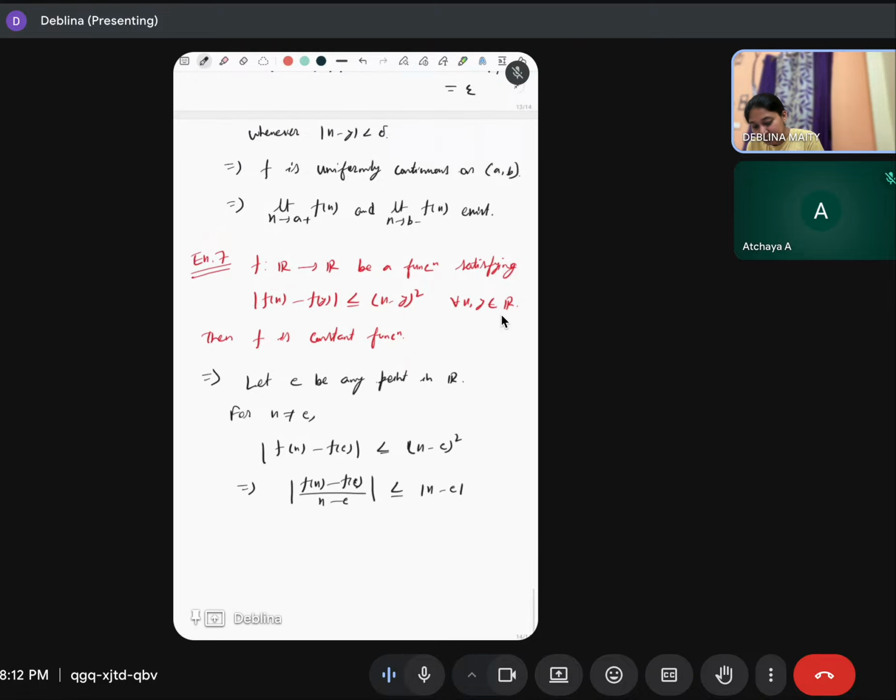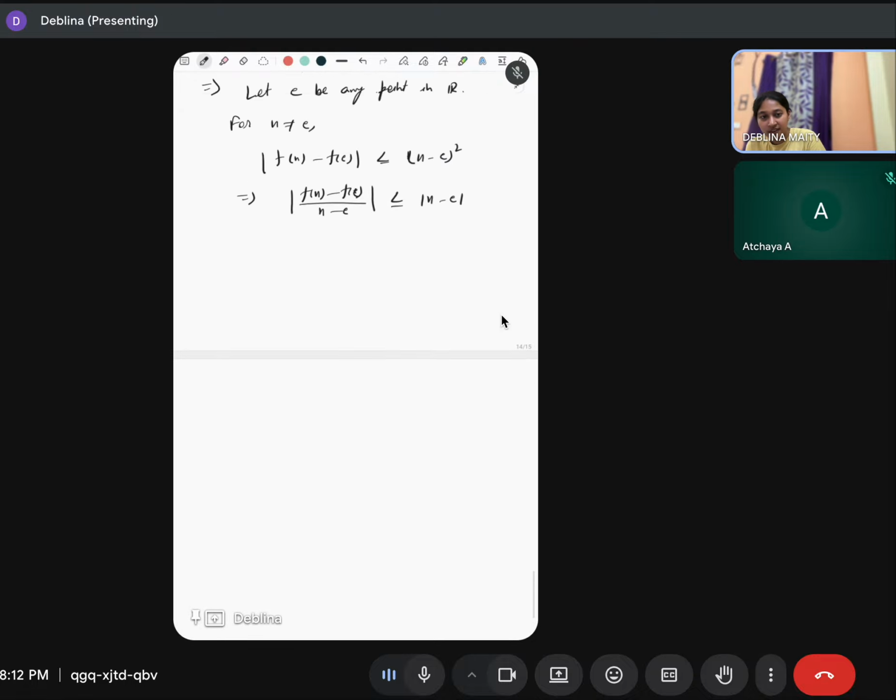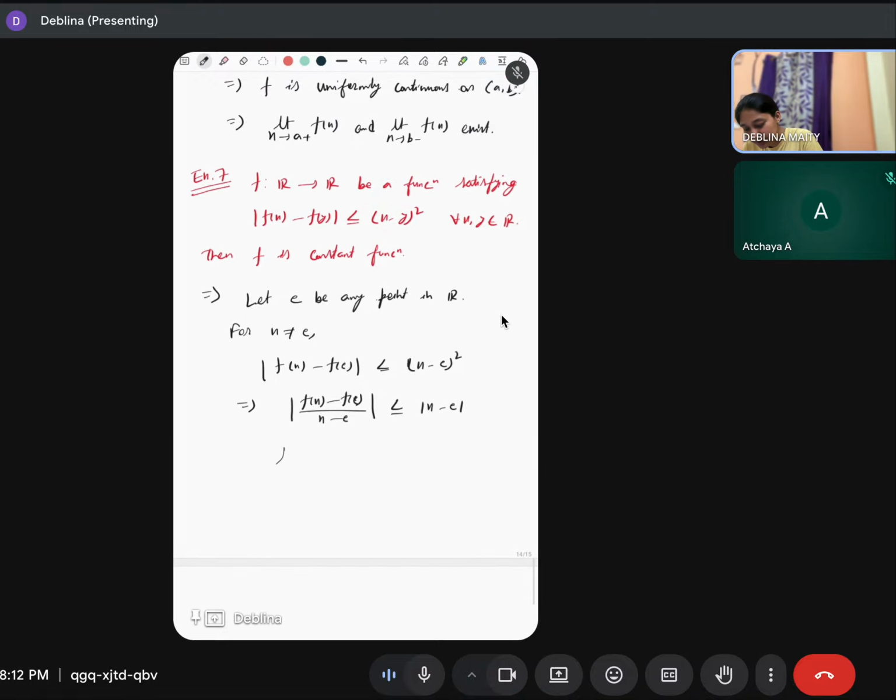Now if we take the limit x goes to c on both sides, what will we have? Limit x goes to c of mod of f x minus f c by x minus c is less than or equal to limit of mod of x minus c, right? Now the left hand side is what? This is actually mod f dash c, right?